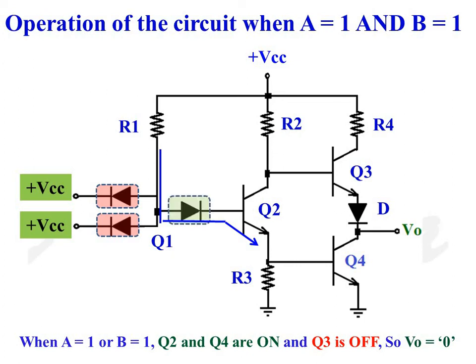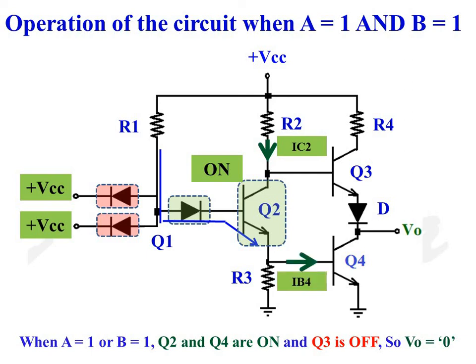So there is a current flow towards the base of transistor Q2. Transistor Q2 is in the on condition. As transistor Q2 is on, collector current flows through resistance R2. And as collector current flows through resistance R2, there is a base drive for transistor Q4 due to the emitter current of transistor Q2.